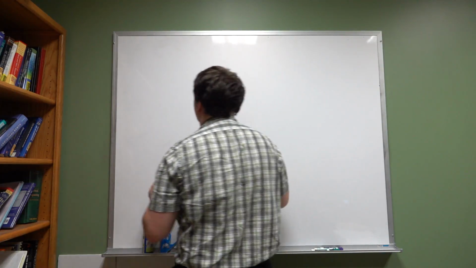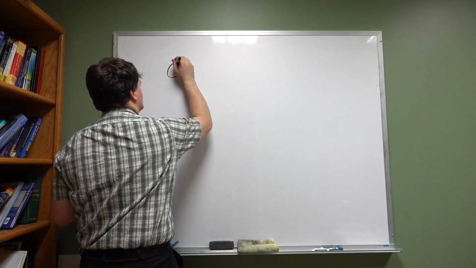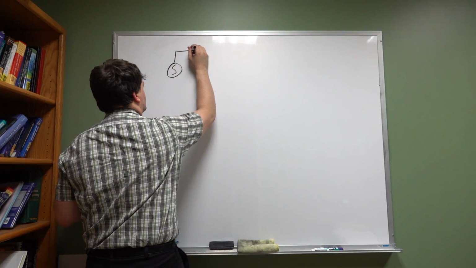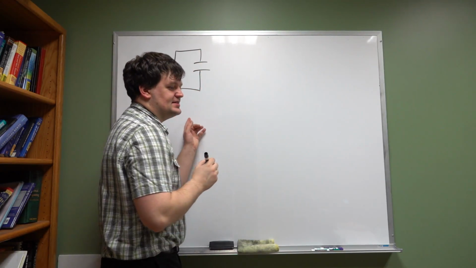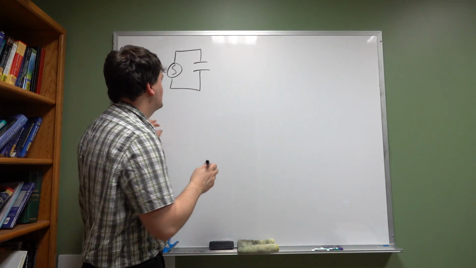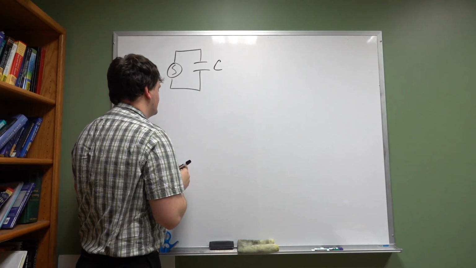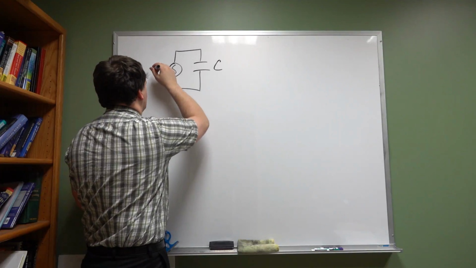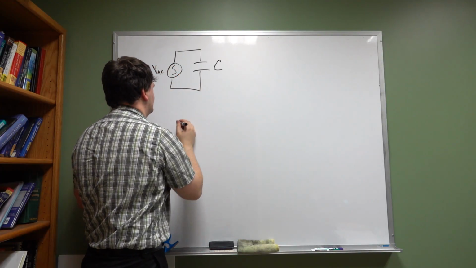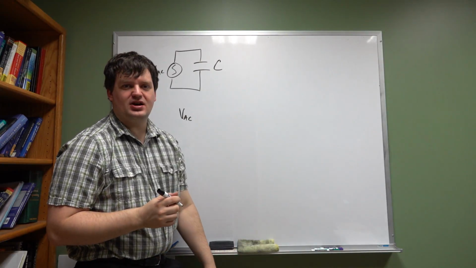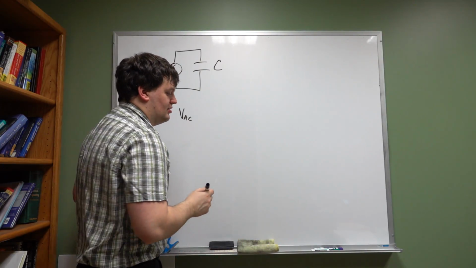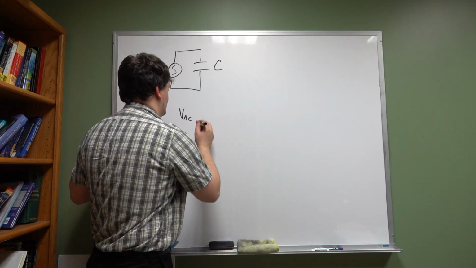Okay, we'll start with just this. Now this is an AC source applied to a capacitor. So we know VAC, let's say it's equal to the amount of power that comes out of a power plug.